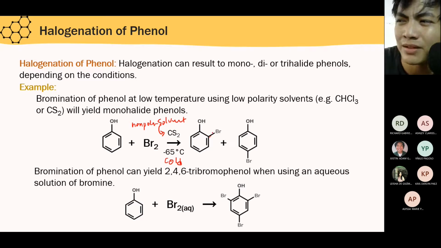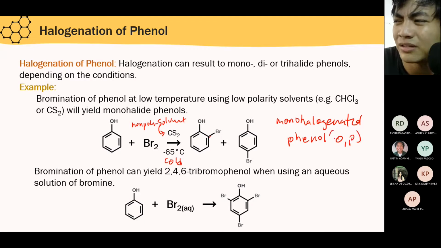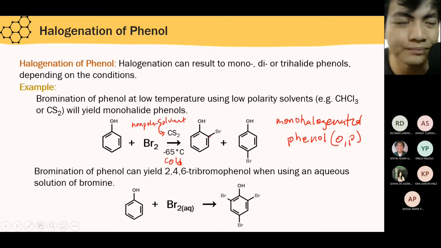So monohalogenated phenol yung product. Na ortho or para yung position. Meron din sa meta pero hindi masyado. So yan yung pag malamig. If it is cold, then it will produce monohalogenated phenol wherein the halogen is positioned at the ortho or the para position.